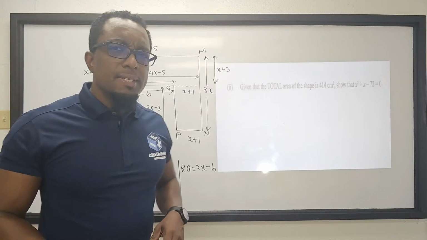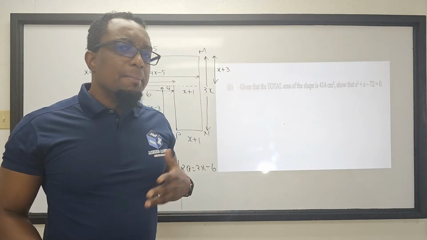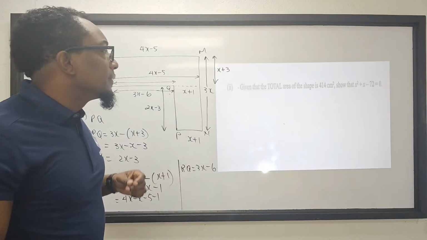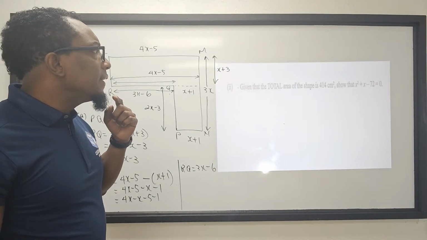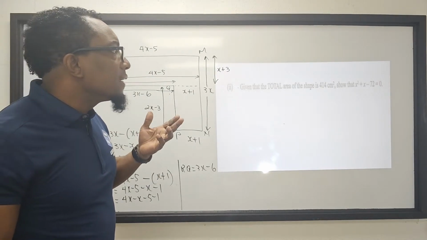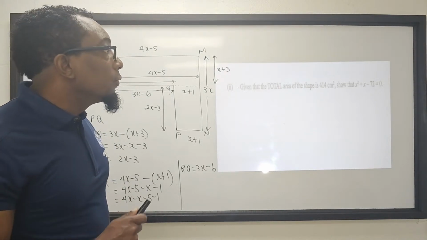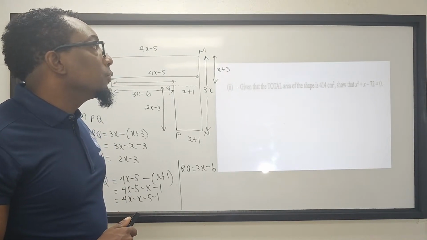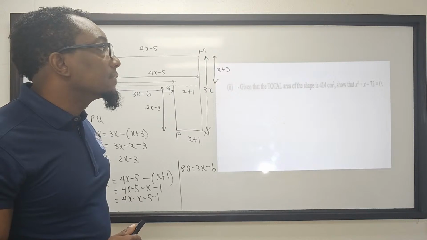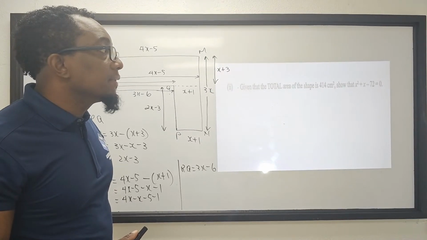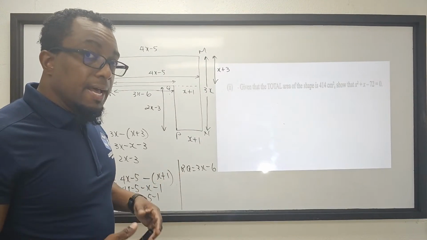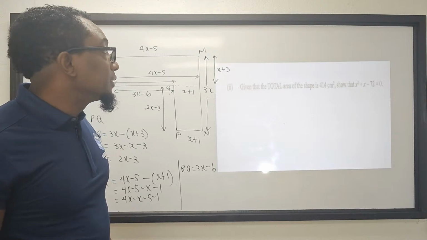These are questions that they bring in the CSEC exam regularly, and we want to ensure that we can utilize our knowledge to show that the total area of the shape gives x squared plus x minus 72 equal to 0, in that form, as a quadratic equation.